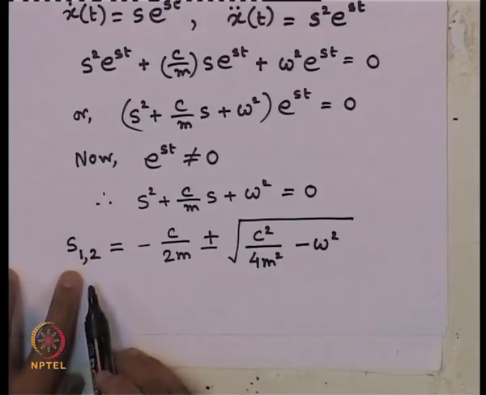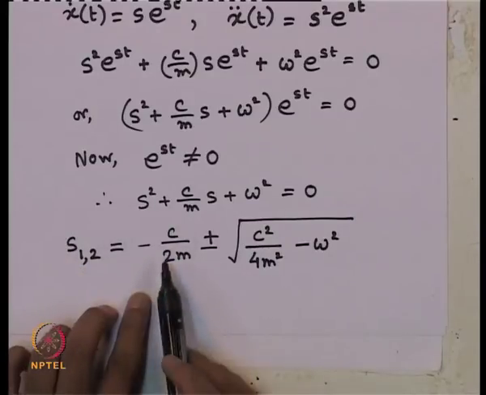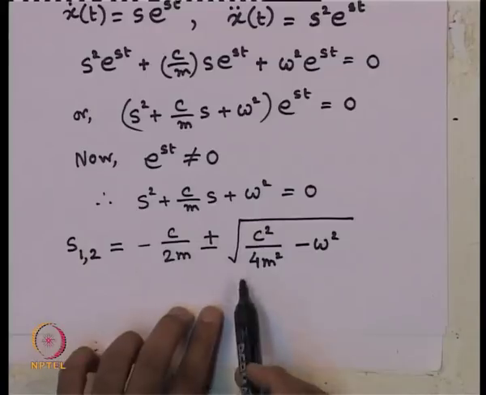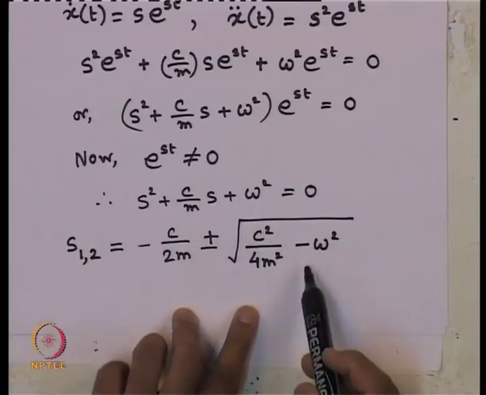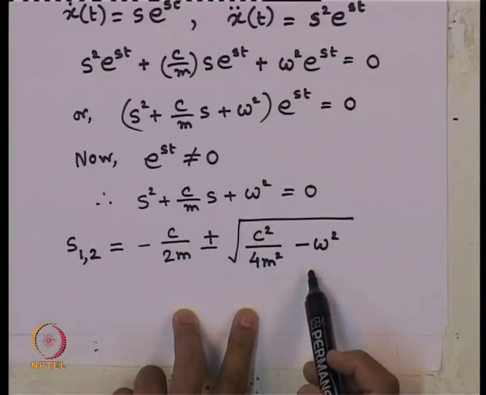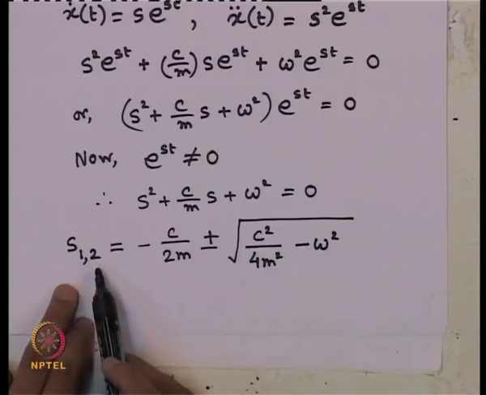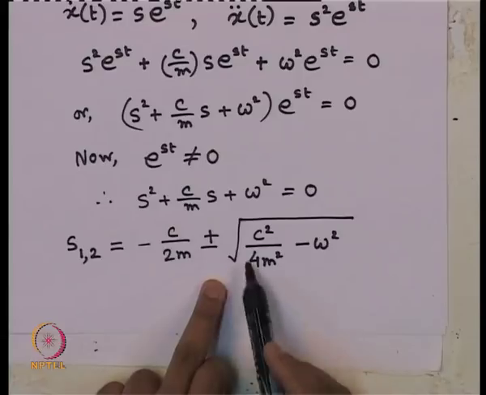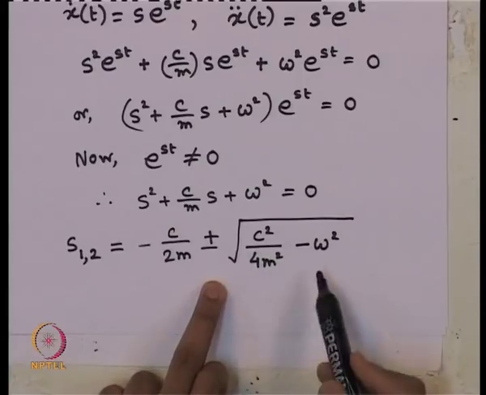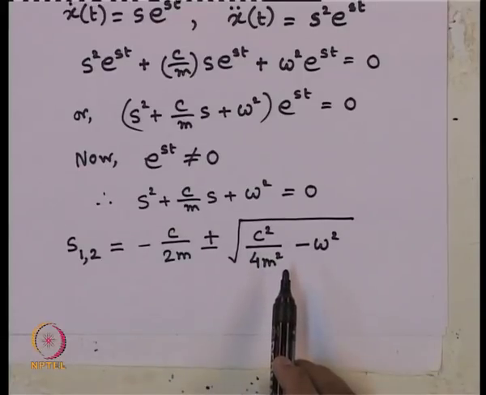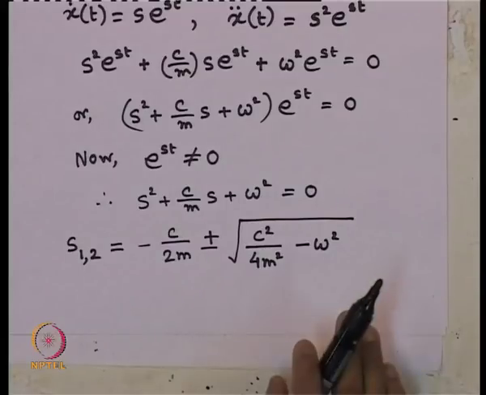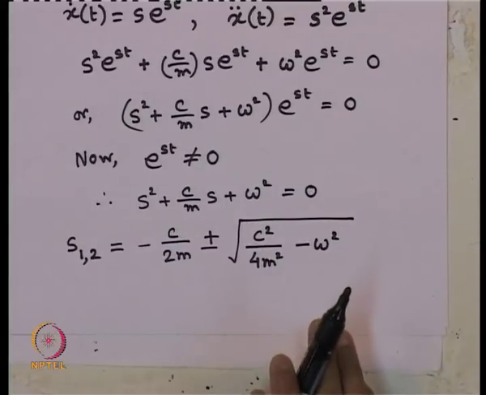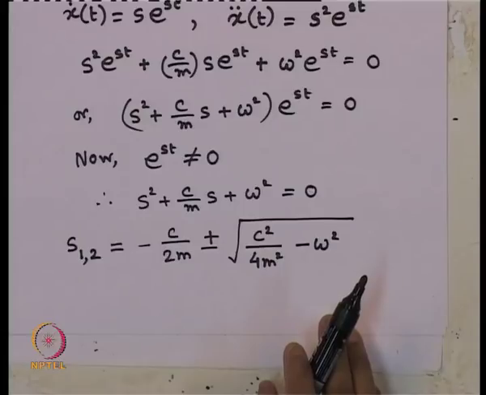So, one root of this solution is s 1 equals minus c by 2 m plus root over c square by 4 m square minus omega square, and the other root s 2 will be minus c by 2 m minus root over c square by 4 m square minus omega square. So, these are the two roots of this second order differential equation.